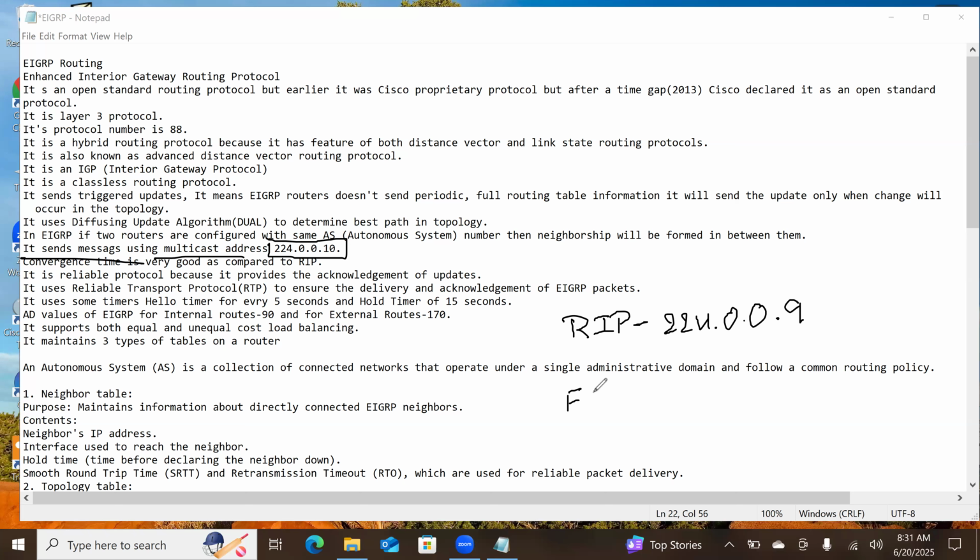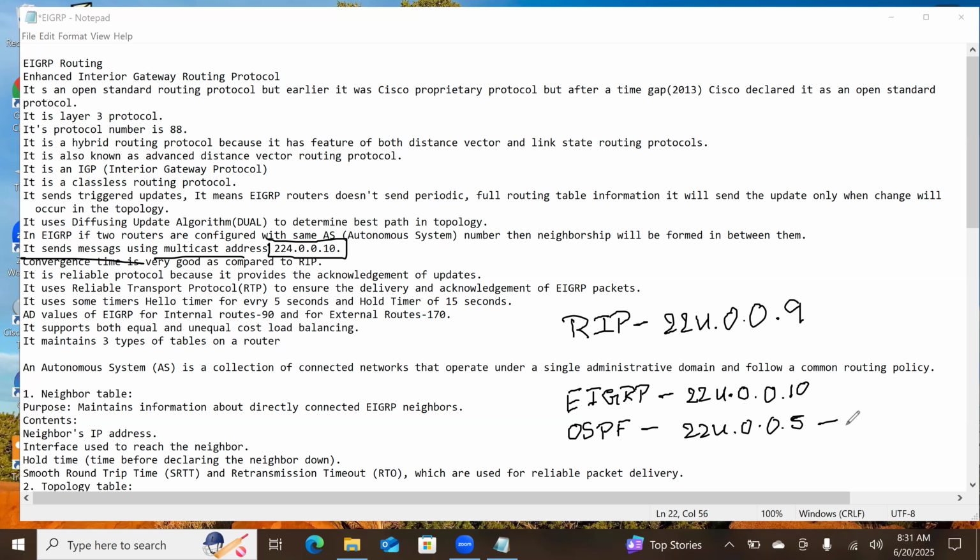And EIGRP uses 224.0.0.10. OSPF uses 224.0.0.5 and 224.0.0.6.